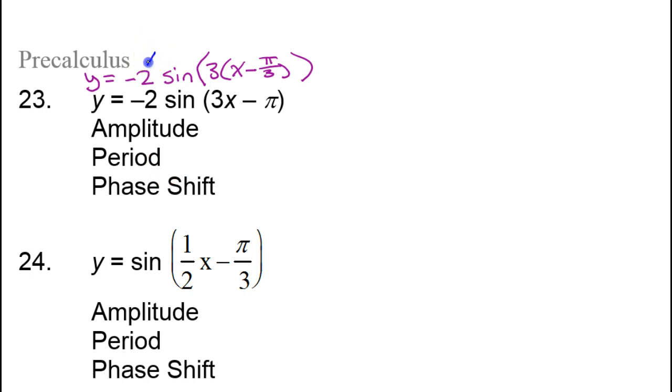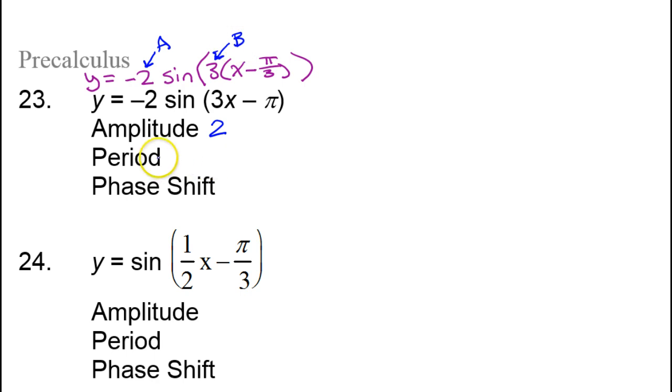So we have the a value right here. That a value tells us that the amplitude is 2. Notice that amplitude is always positive. This negative sign in front is a reflection over the x-axis, so we'll deal with that later. What else? We've got this b value right here.